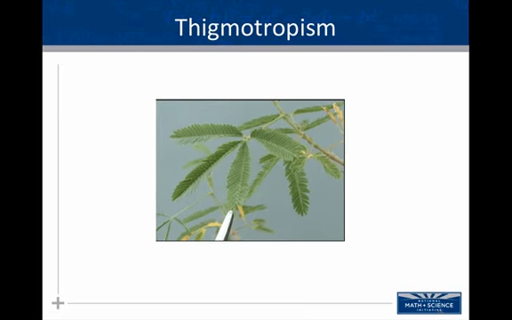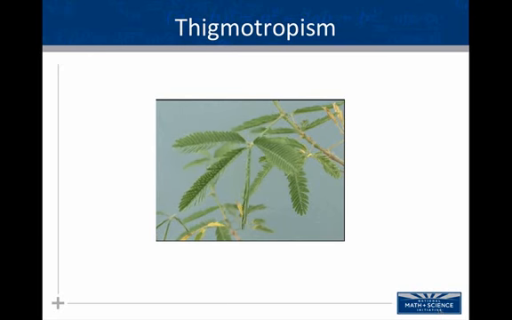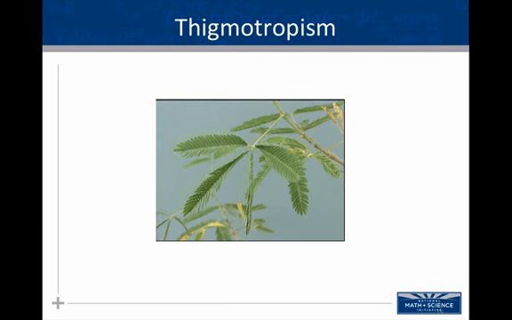Now I just want you to see. We're going to look at the whole leaf at what's going on here. Okay, we see that these sets of leaflets are going to close up. Okay, but watch what happens. Watch what happens to these other leaves. Look at that.